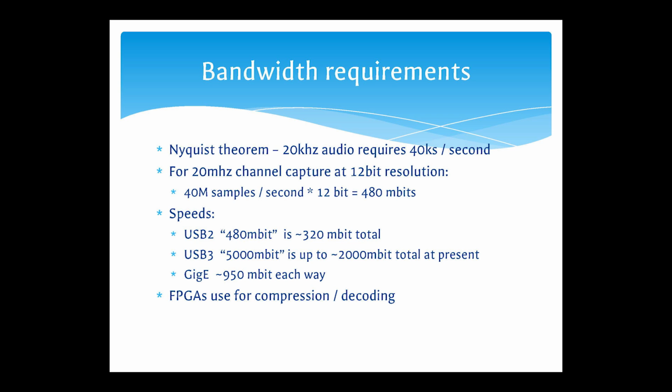If you want lots of resolution, say 12 bits, that ends up being 480 megabits per second of data that you are capturing. And USB 2 can't handle that, only the other interfaces. Because these boards have FPGAs, you can use that. The FPGAs can do compression before the data goes to your PC, or you can even do some decoding on the FPGAs.